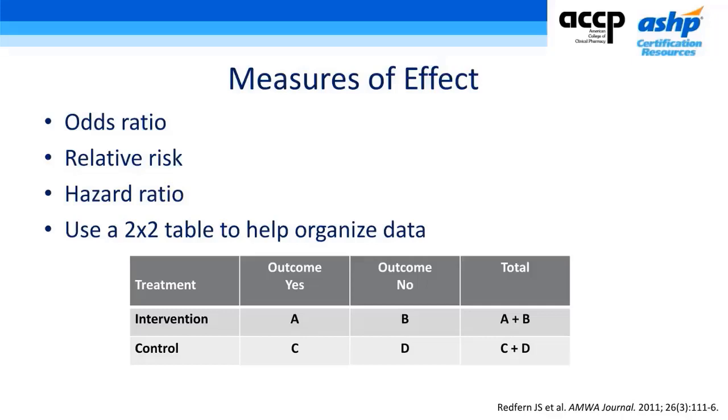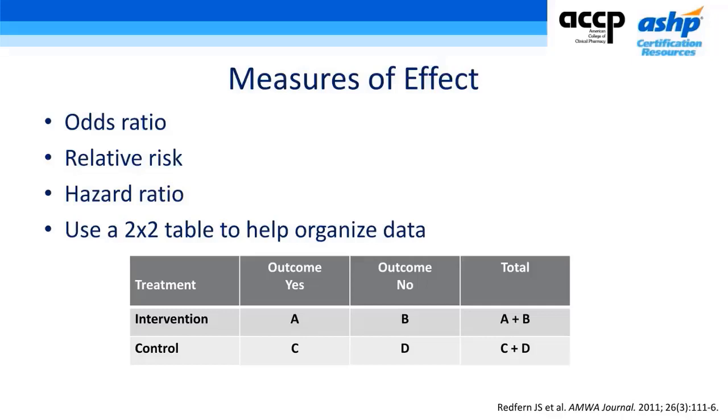And if you recall from early on in your training, setting up a 2x2 table. So this is depicted on this slide, an example of the 2x2 table. And to orient you, the left-most column is the treatment. So you have your intervention, and then you have your control group.